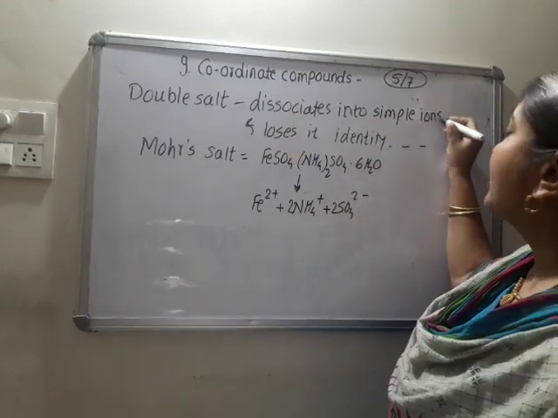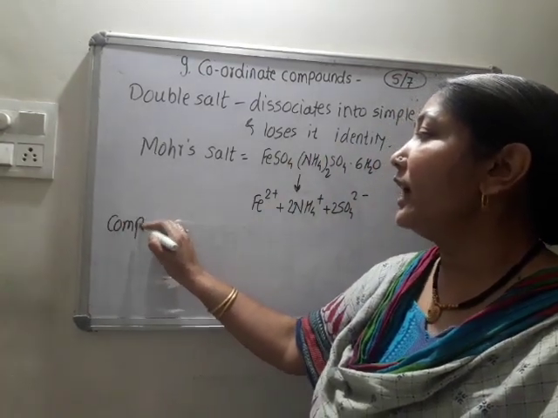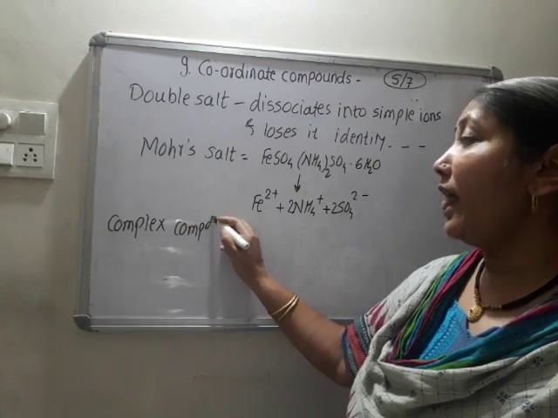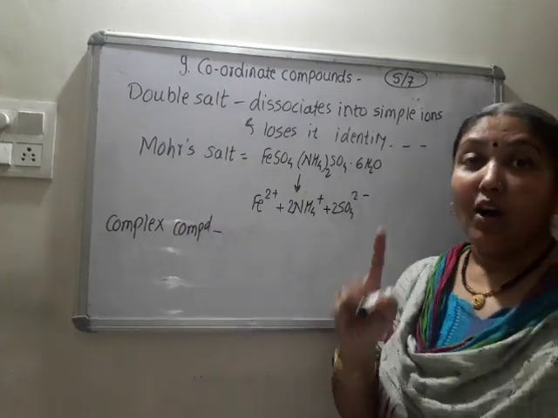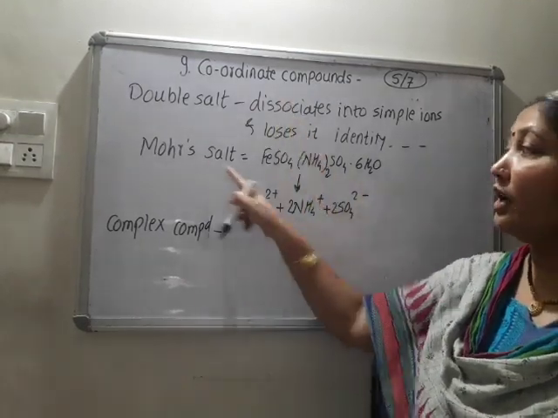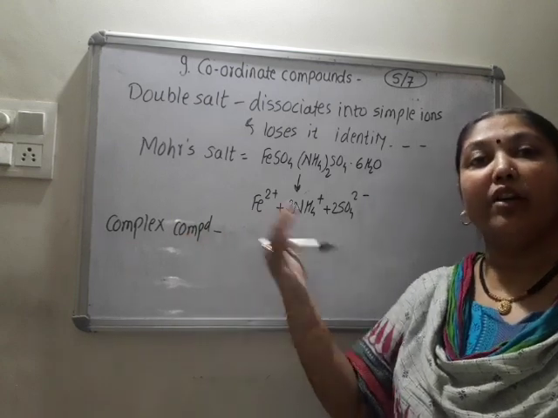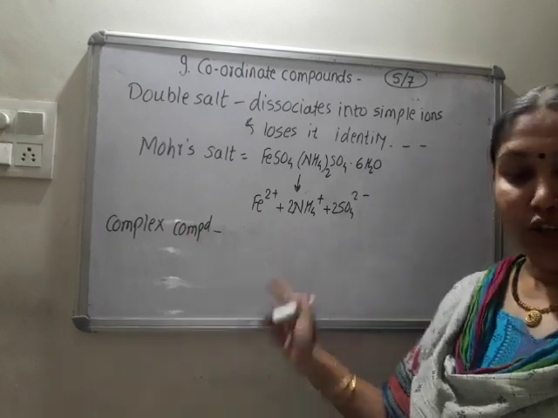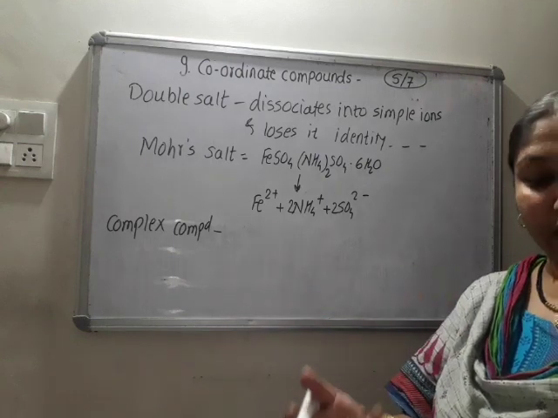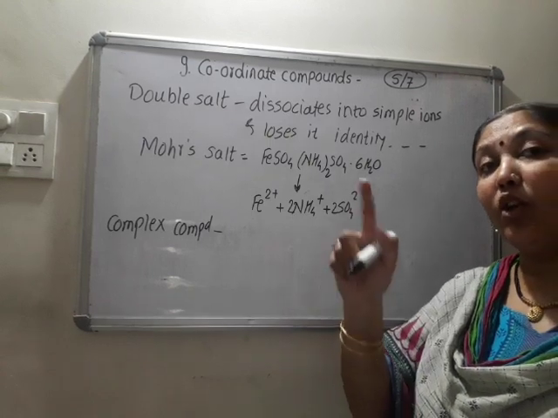And what is another question asked? That is complex compound or coordinate compound. An example is necessary, always. It's a 2-mark question, so half mark for the description, half mark for the example. Here also half mark for the description, half mark for the example. So what is a coordinate complex compound? One which dissociates in water with at least one complex ion.